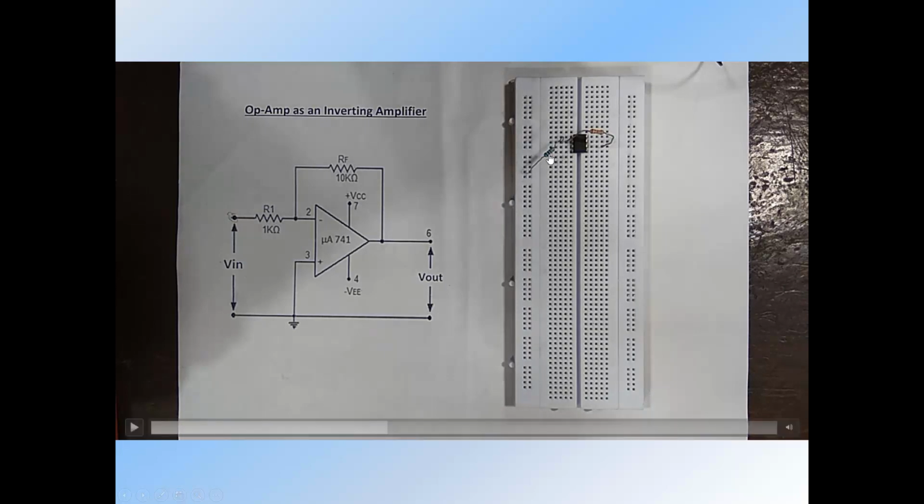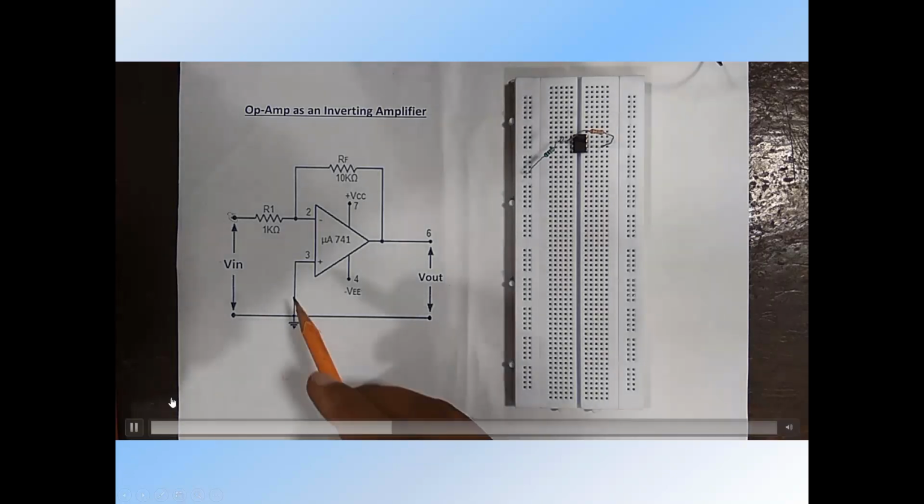This 1 kilo ohm resistor is connected between input and pin number 2. This is pin number 2 of the IC, and the feedback resistor is connected between pin number 2 and 6. This is the second pin from the left side, pin number 2, and this is pin number 6.